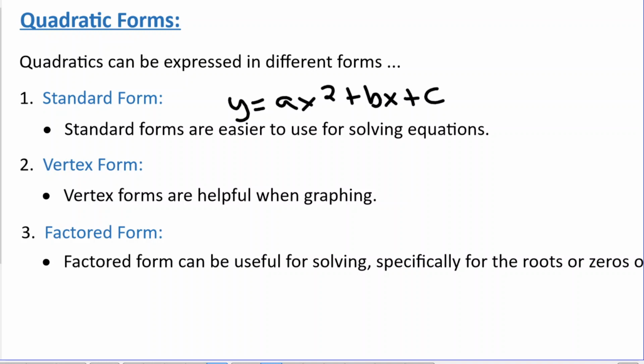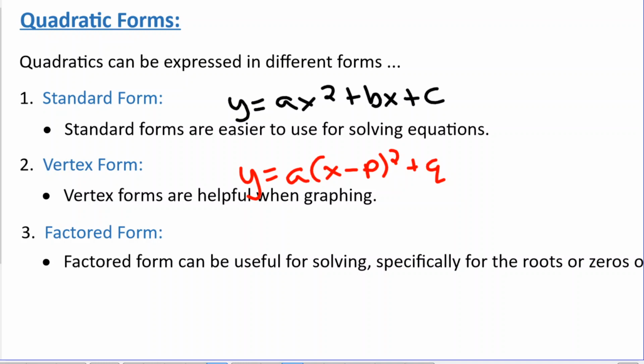We can also see things in vertex form. Vertex form looks like y equals, notice there's still an a value, and again, a, b, and c are just representative of numbers. This one looks like a(x minus p) squared plus q.